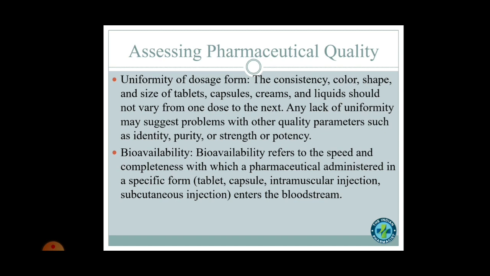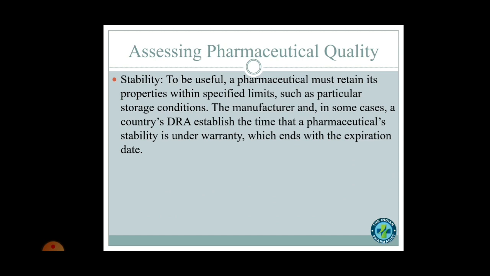Thereafter comes the parameter of stability. To be useful, a pharmaceutical must retain its properties within specified limits, such as particular storage conditions. The manufacturer, and in some cases a country's DRA, that is Drug Regulatory Affairs, establish the time that a pharmaceutical's stability is under warranty, which ends with the expiration date.